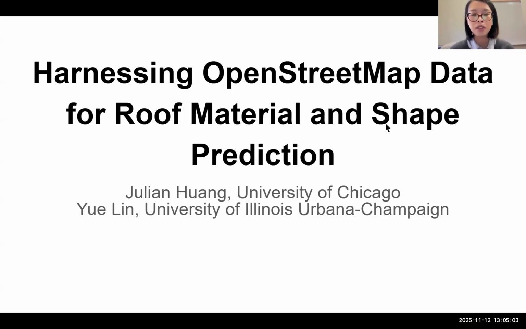Last year I was working at the University of Chicago as an instructional professor, and that's how I met Julian, and we worked on these projects. And now I moved to the University of Illinois Urbana-Champaign as an assistant professor. So Julian will talk about our project in this presentation.